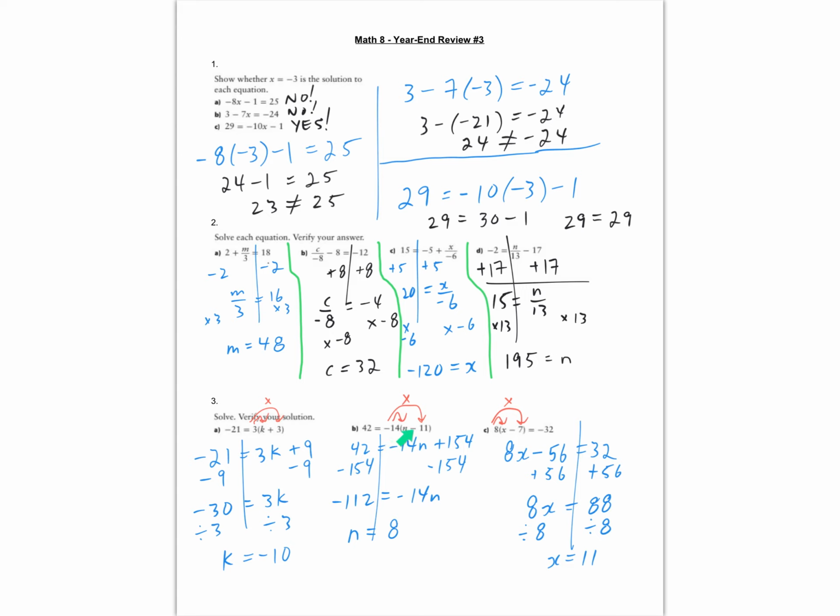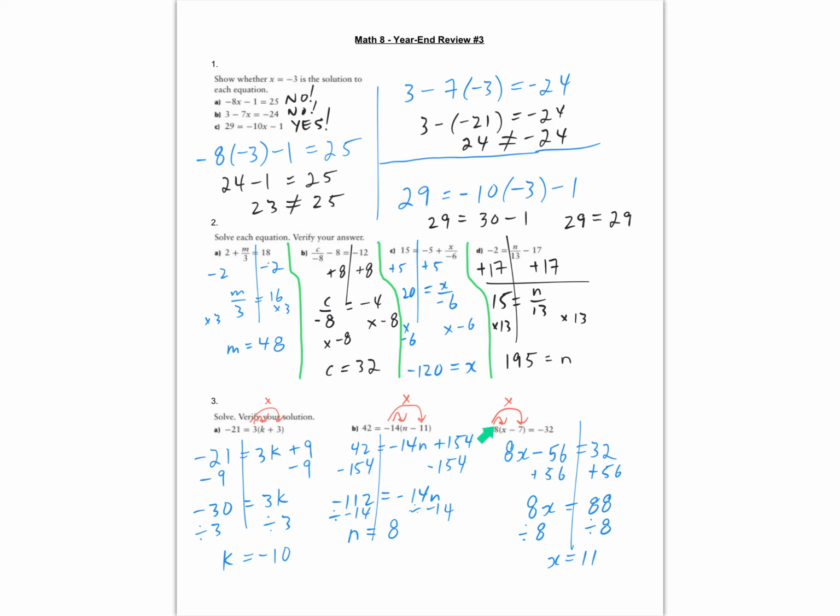So then we take that positive and we write it as plus 154. Okay, so negative 14n plus 154. And then we just subtract 154 from both sides, divide both sides by negative 14. I didn't write that in. Let me write that. Divide both sides by negative 14. And we get positive 8 as our answer.